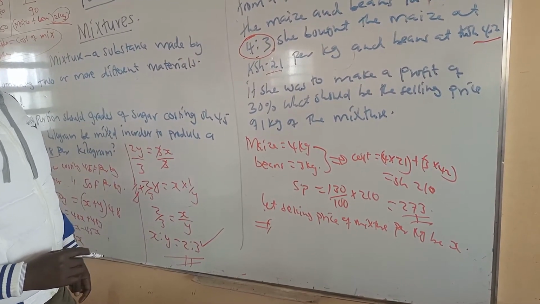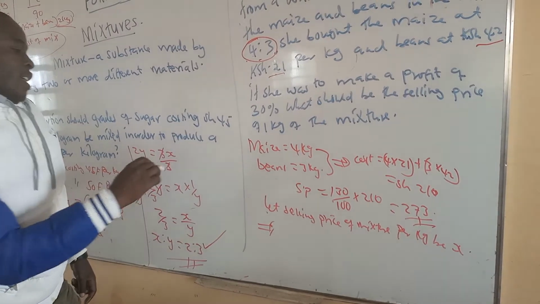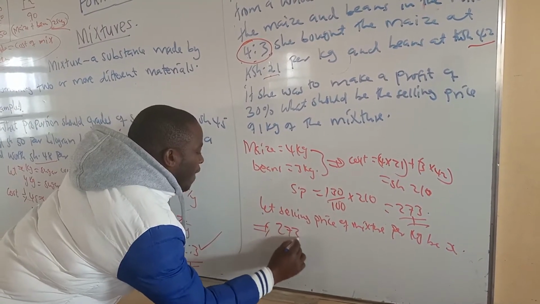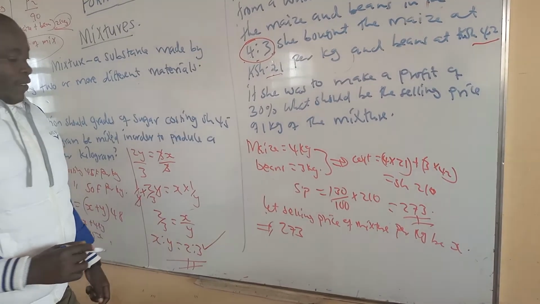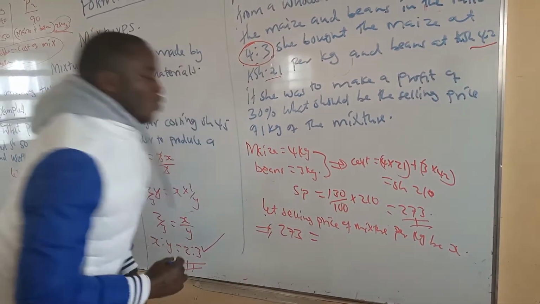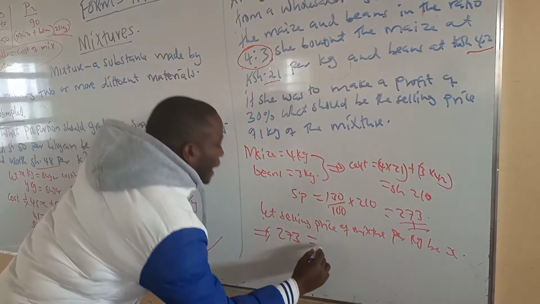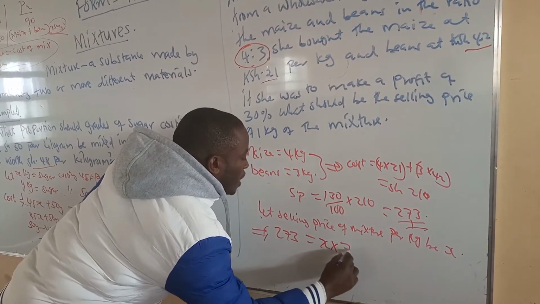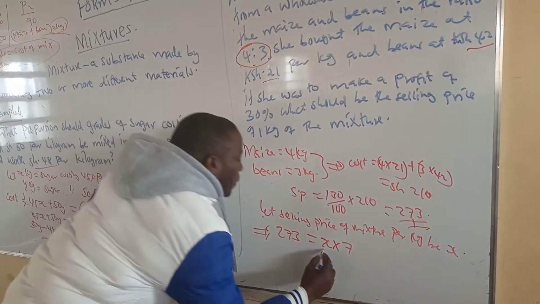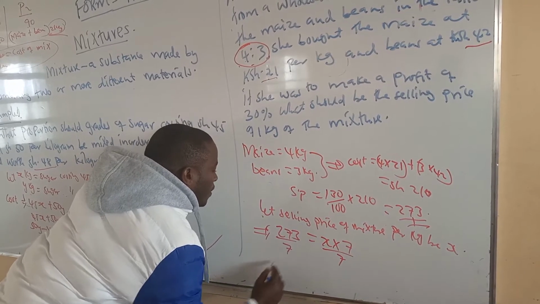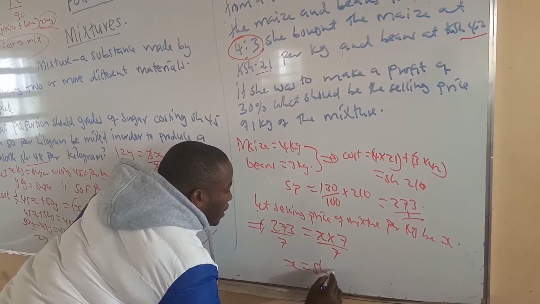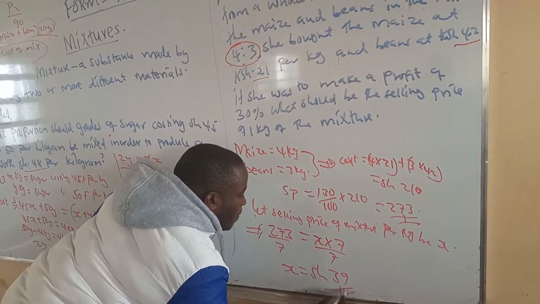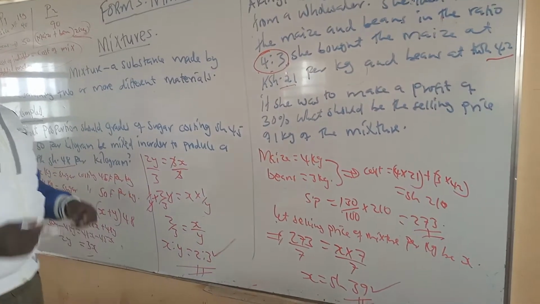So it implies that 273, the selling price of the mixture, equals the selling price per kg, which is x, times the 7 kgs. So we divide by 7. That means our x equals 39 shillings.